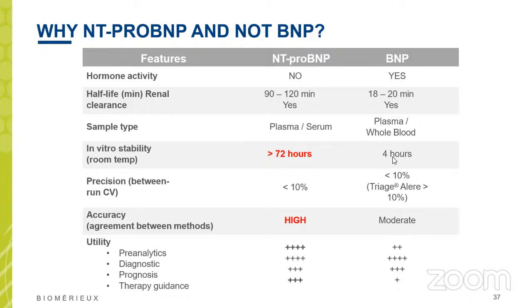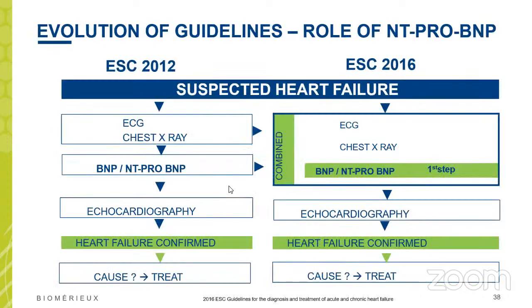BNP is not quite stable, okay? And the precision, between-run coefficient of variation, is less than 10%. Okay, that's quite similar, but the accuracy is higher than BNP, all right? So we're talking about the half-life, the stability and the accuracy. Those are the main factors that make us use NT-proBNP and not BNP.